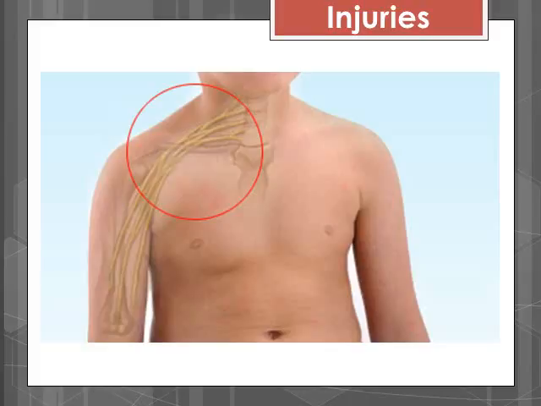There are two main types of brachial plexus root injury: the upper root injury and lower root injury. The upper root injury involves C5 and C6 roots. The lower root injury includes injury of C8 and T1 roots.